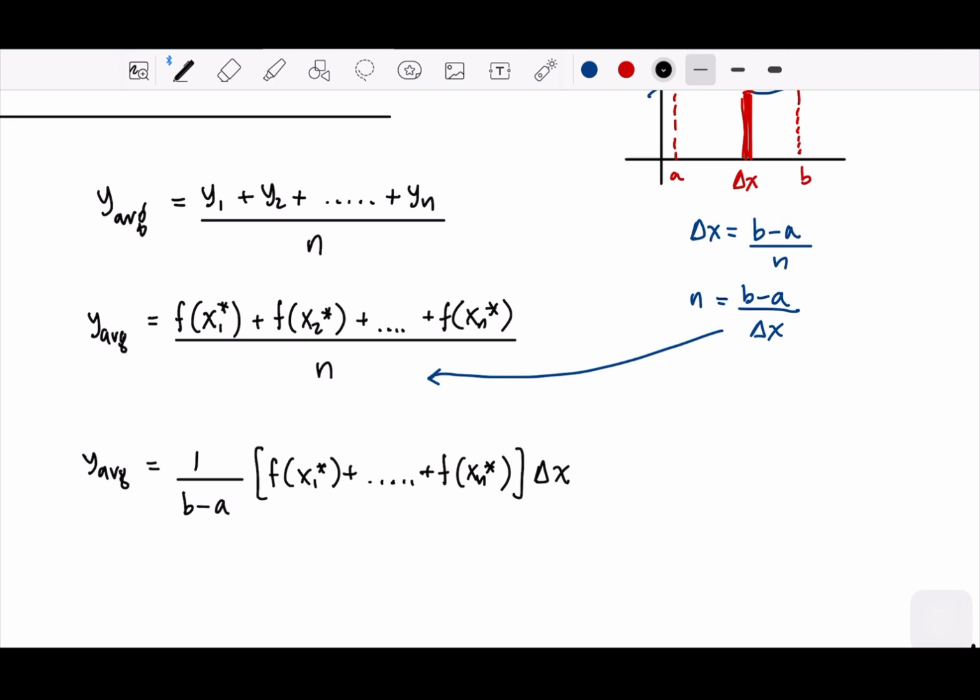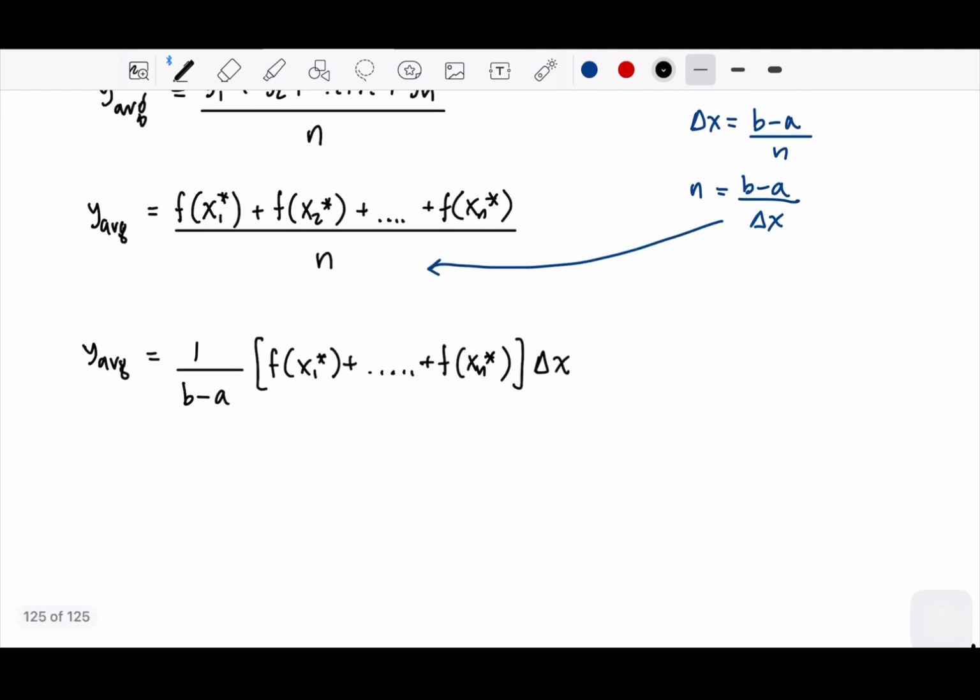And we could write this in the sum formulation: 1 over b minus a and the sum of f of x i, where we take the sample point as in the Riemann sum we had before.